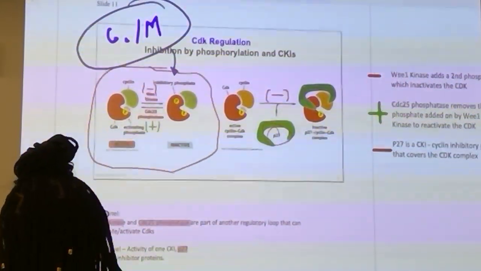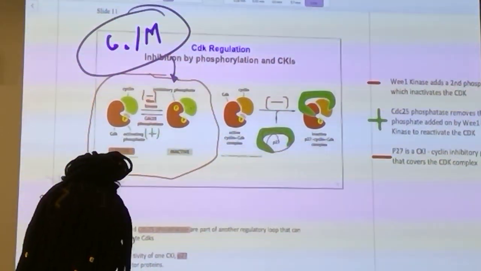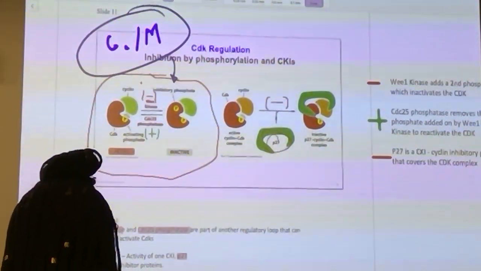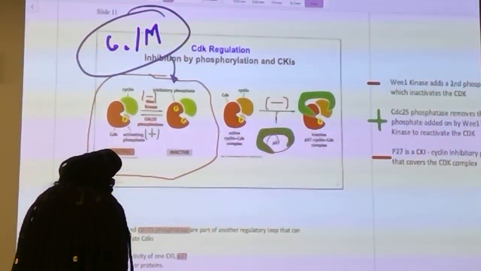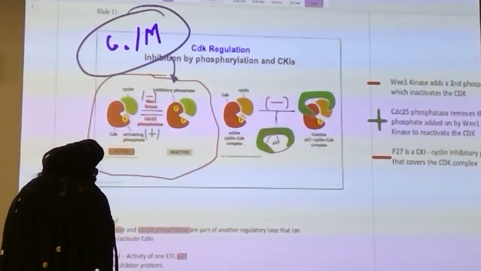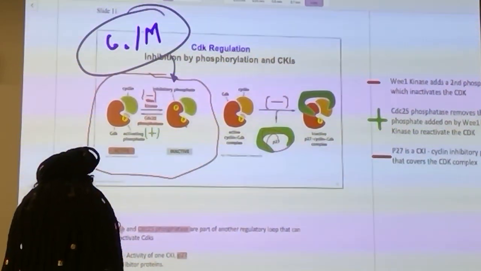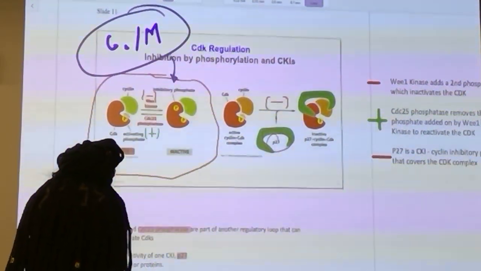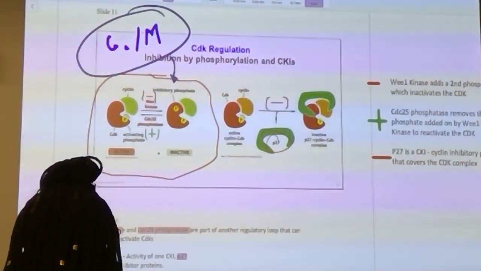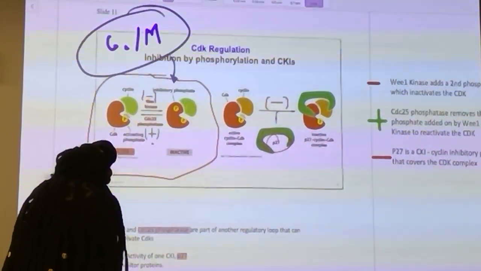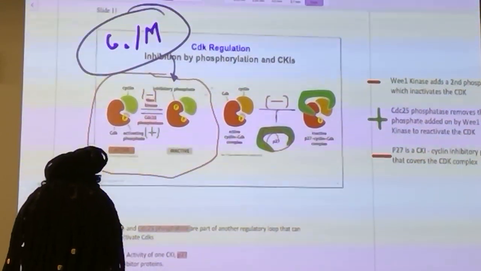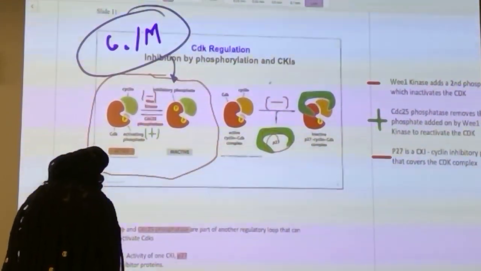If you phosphorylate it twice, you inactivate it, and that's done by Wee1 kinase. So think of it, Wee1, you're peeing on the CDK, so you're inhibiting it. What removes that extra phosphate is CDC25, and that will cause the CDK to go past this checkpoint.